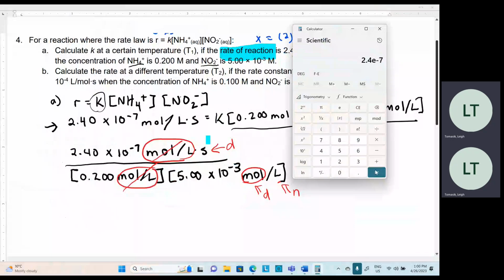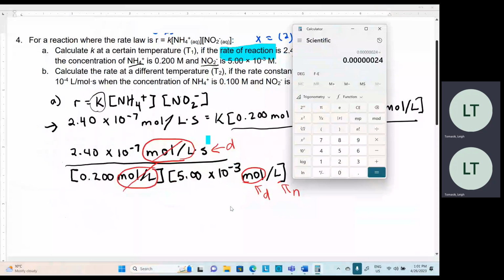If I put the equal sign, this is the same as 2.4 times 10 to the negative 7. Basically, if you take 2.4 and move the decimal place 7 to the right, 1, 2, 3, 4, 5, 6, 7, it ends up where the decimal place is here. Again, if scientific notation is confusing to you, please let me know. I'll send you some stuff.